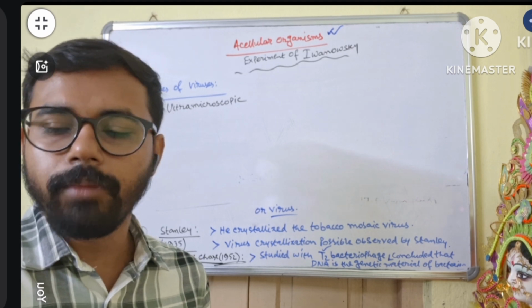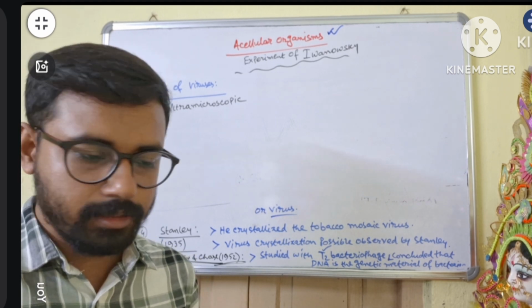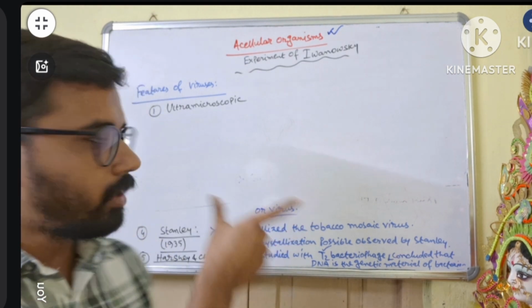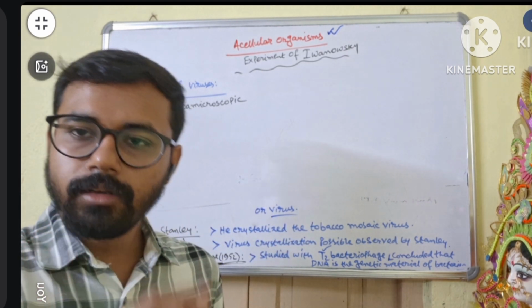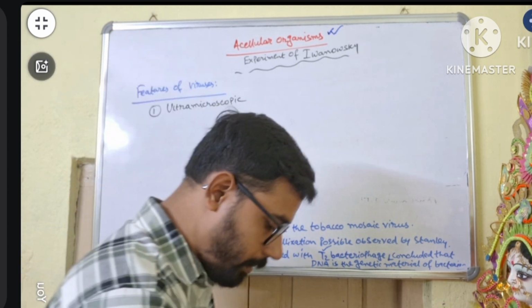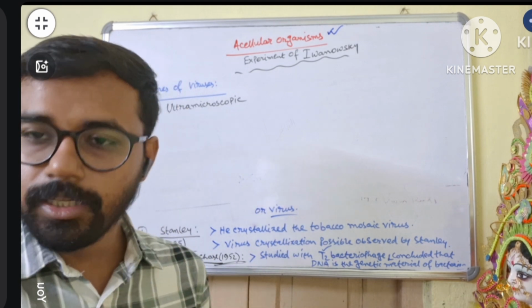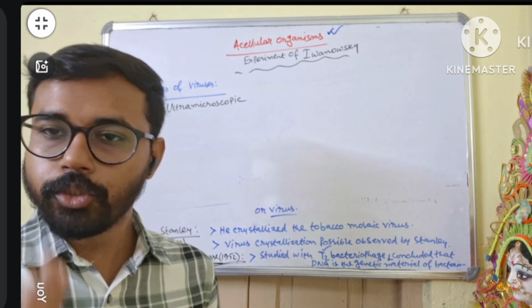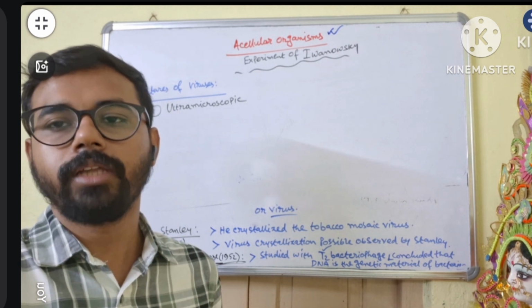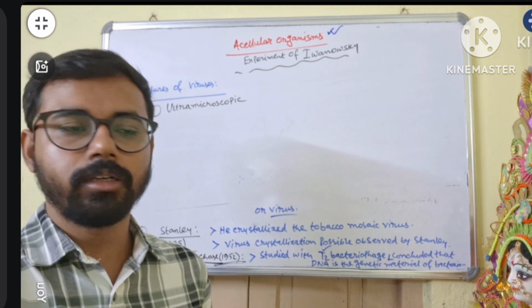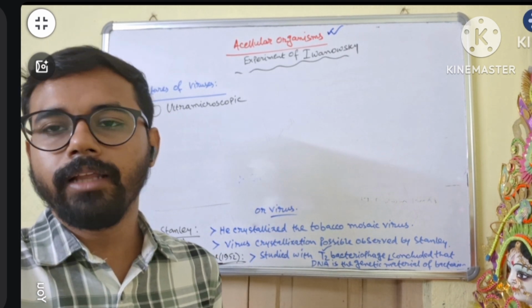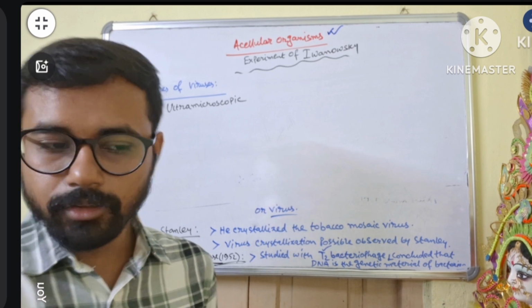Microscopic, we all hear the term, means we see under the microscope. So what about the word ultramicroscopic? It is a structure not observed under a normal microscope; it should be observed under an electron microscope. So virus structure cannot be seen in a regular, laboratory-based, bright field microscope. Clear? It has to be observed under the electron microscope.